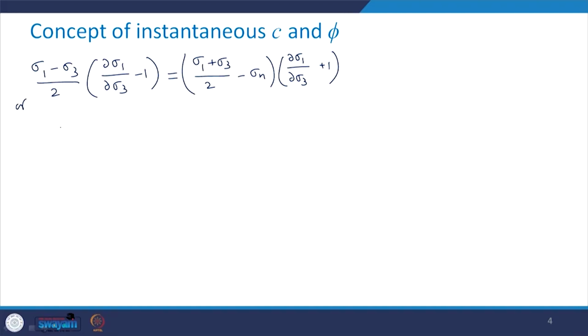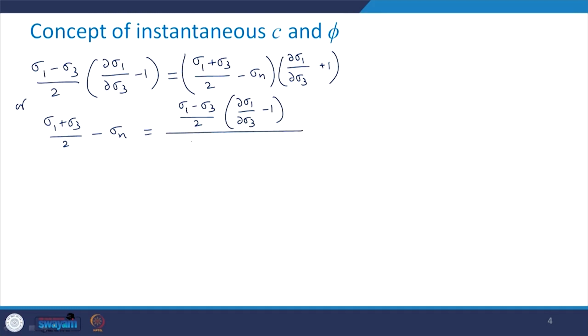Or simplify this further, (sigma 1 plus sigma 3)/2 minus sigma n will be given by (sigma 1 minus sigma 3)/2 (del sigma 1/del sigma 3) minus 1, this whole thing divided by this quantity (del sigma 1/del sigma 3) plus 1. This is what we are going to get.